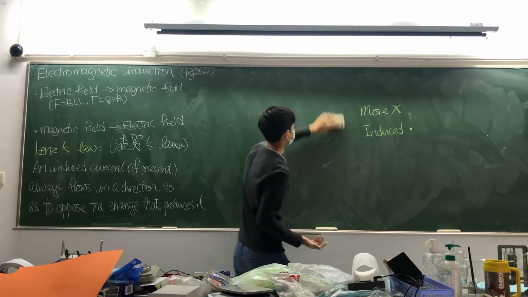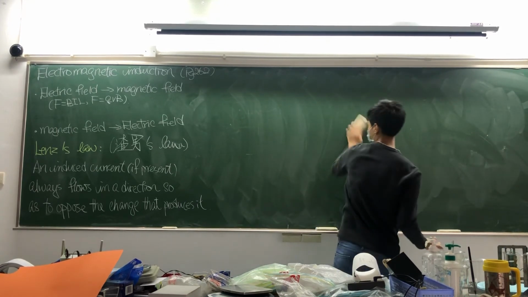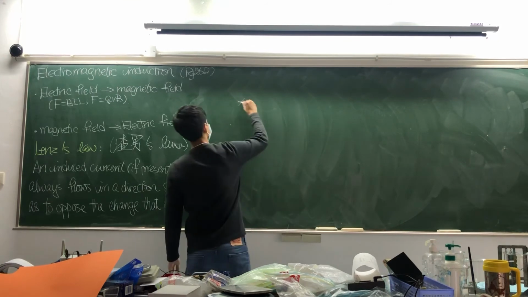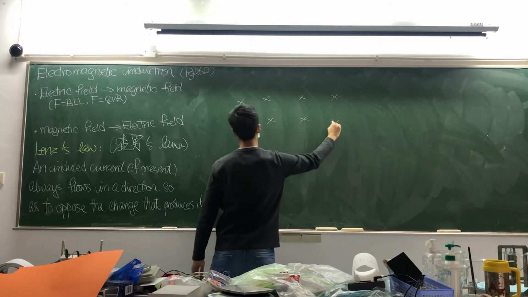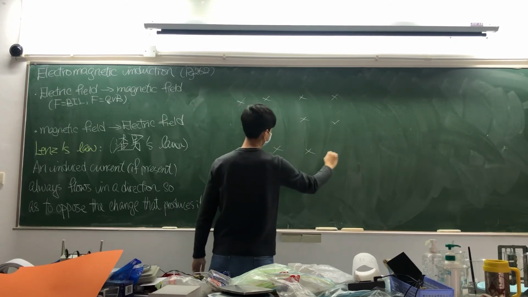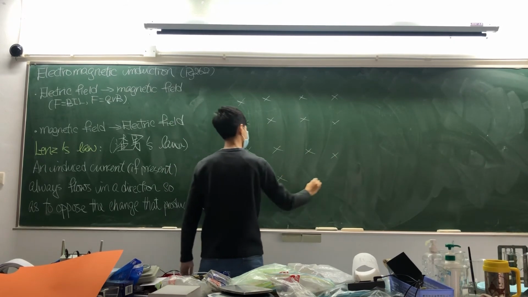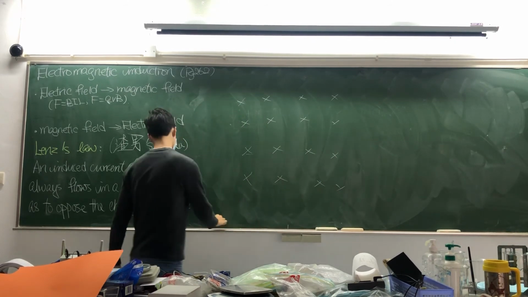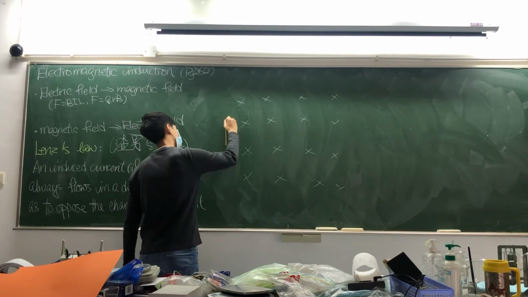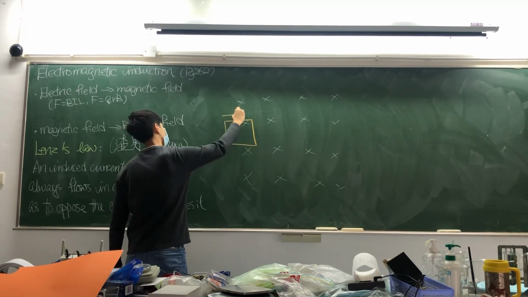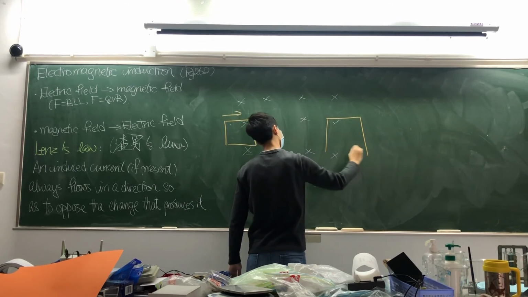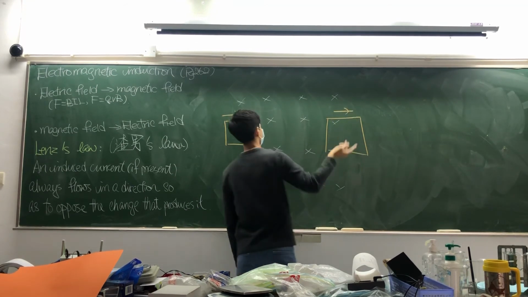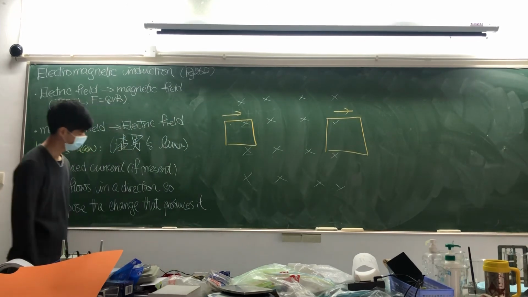So let's see what it means to apply Fleming's right-hand rule to the previous case. Do you remember that you have a loop moving into the magnetic field, and the same loop moving out from the magnetic field?